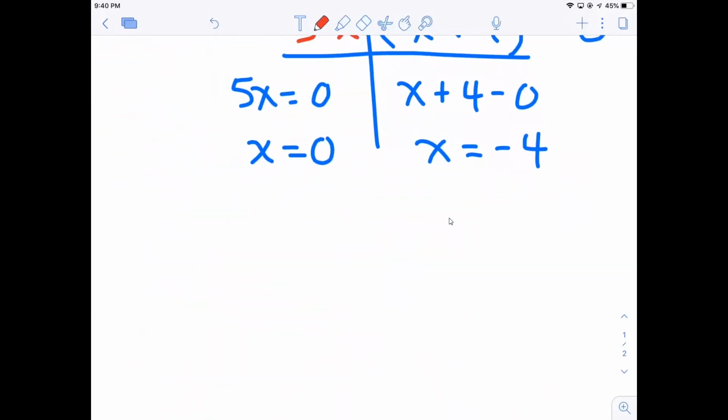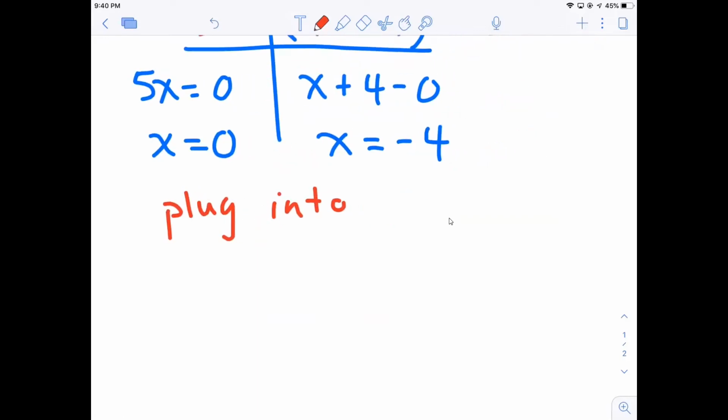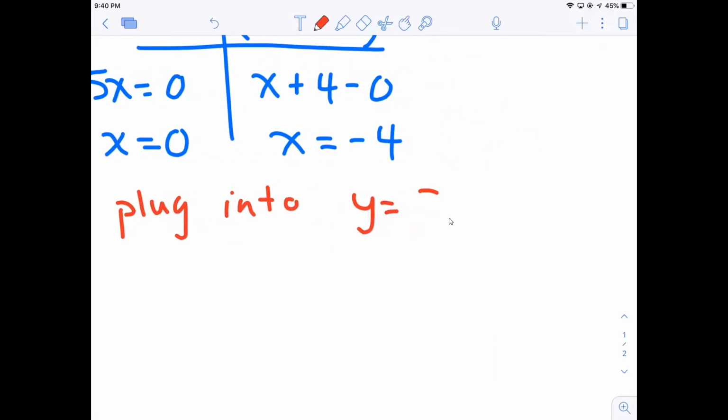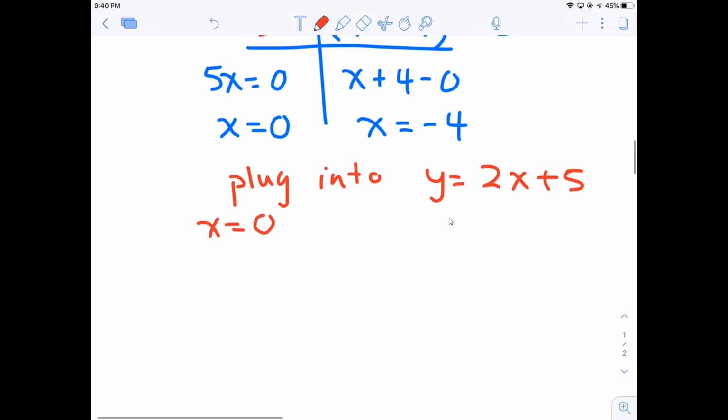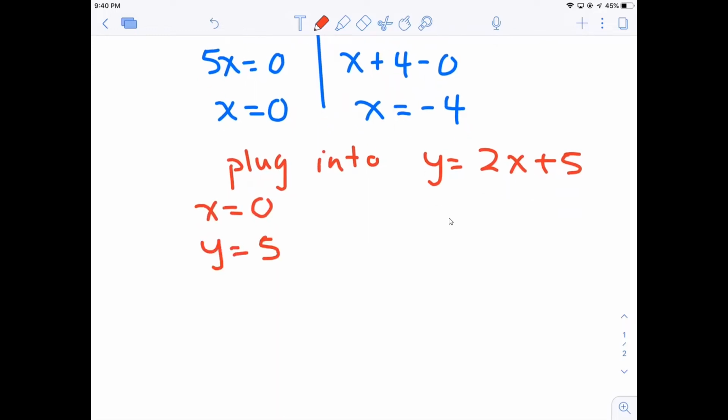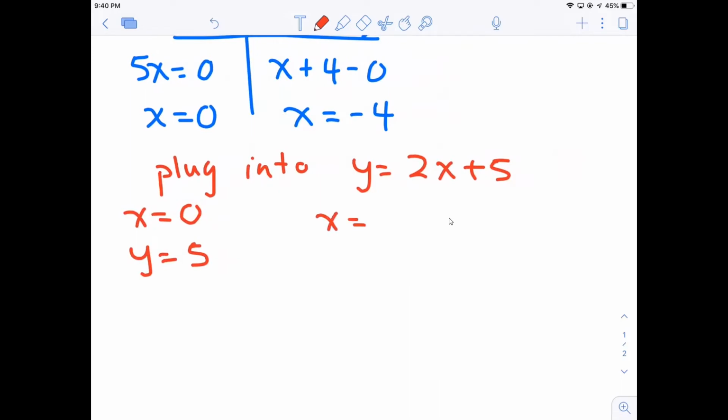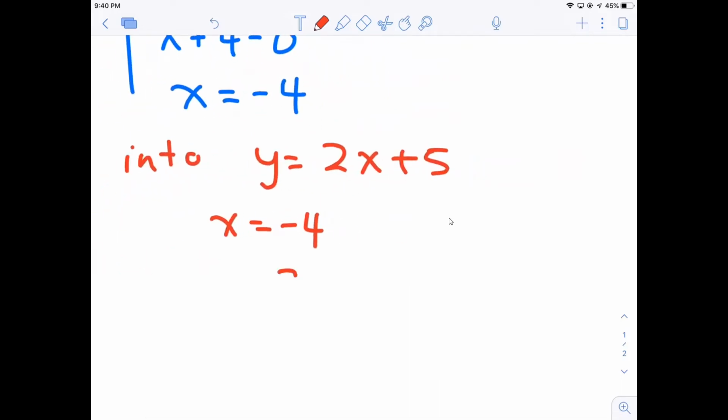So now I'm going to plug into y equals 2x plus 5. When I plug in a 0, I get y equals 5. And when I plug in a negative 4, I get 2 times negative 4 plus 5 for my y value.